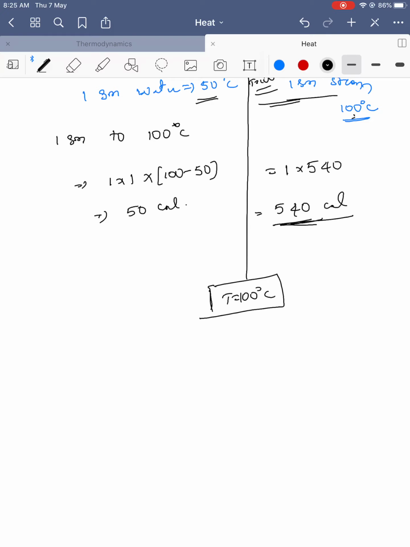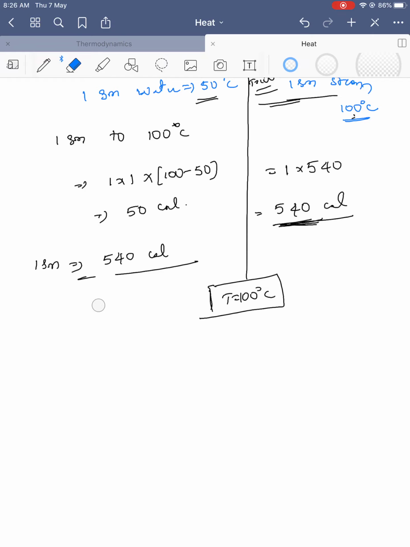But how much fraction will be steam and how much will be water is not certain. Let's see how much energy is required for 1 gram of water at 100 degrees to become steam: 540 calories. Total energy required is 590, but the total energy we are not able to supply. 540 calories only we are able to supply.